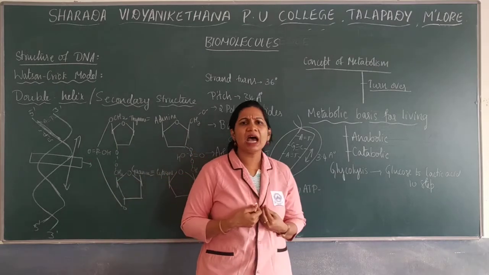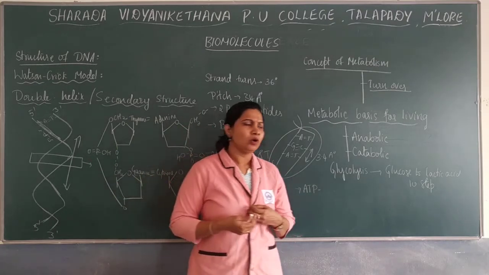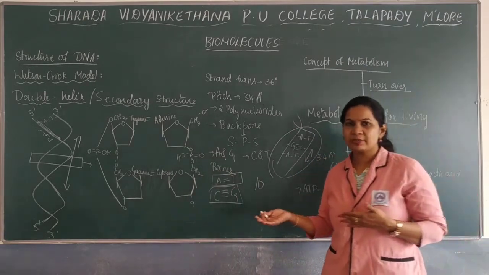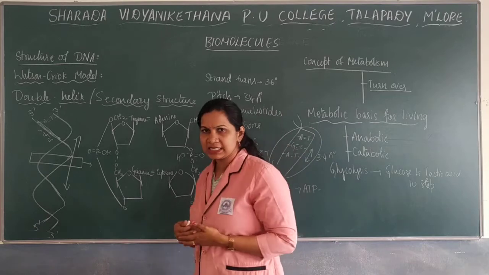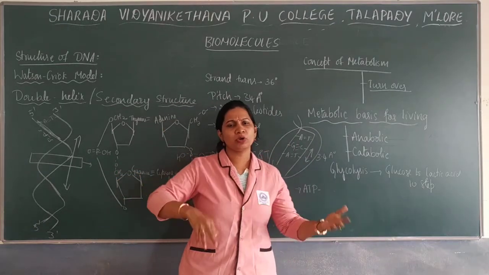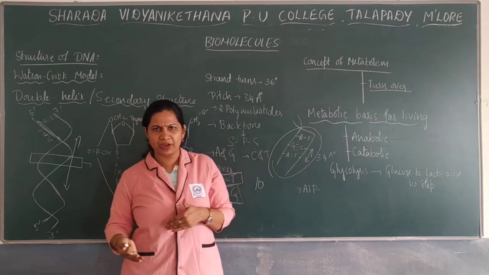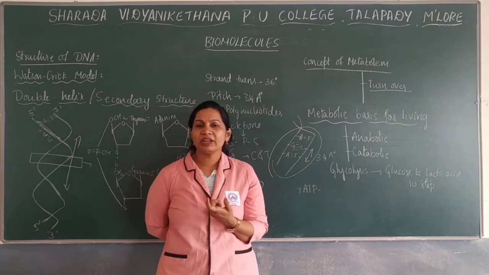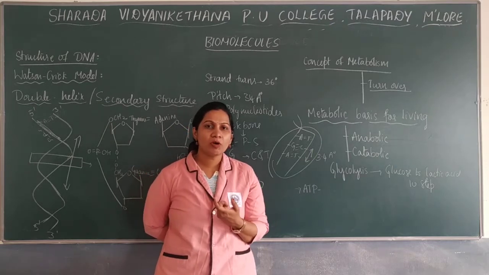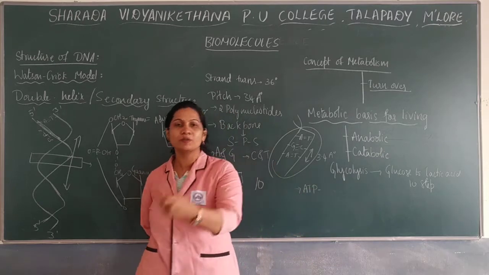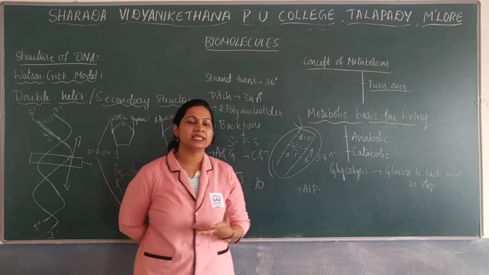For example, the essential amino acids we take through food, and the non-essential amino acids synthesized in our body, may combine to form a protein, which has certain other functions. That is turnover. Turnover refers to biomolecules constantly being converted into others.